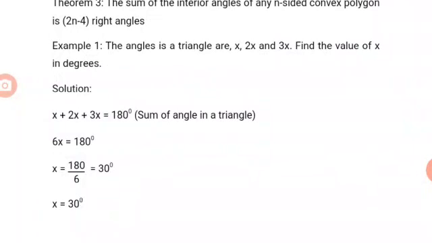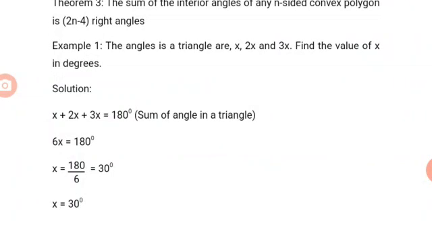So if we want to be sure that the angles sum up to 180 degrees, we know the value of x to be 30 degrees. So the first angle will be 30 degrees. The second angle will be 2 times 30 degrees, making 60 degrees.